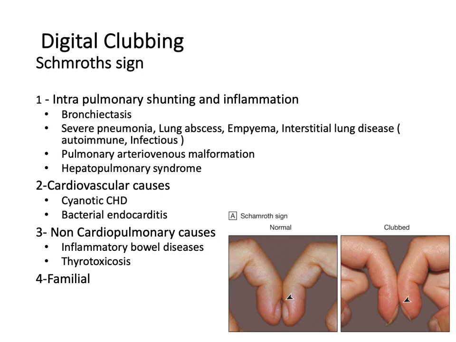The cardiovascular causes are cyanotic congenital heart disease and bacterial endocarditis. The non-cardiopulmonary causes are like inflammatory bowel diseases and thyrotoxicosis, and the last is the familial cause of clubbing.